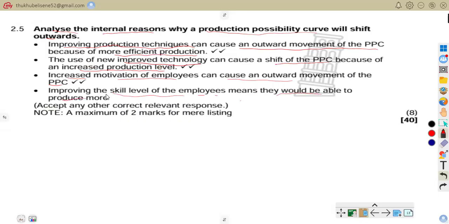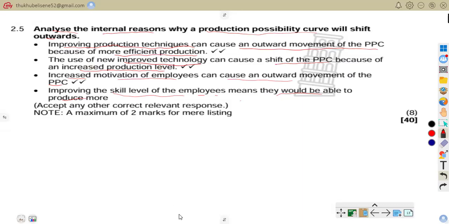Skilled workers are more productive. They are competent enough to deliver because they're skilled, for example through training programs and education. Keeping the employees trained is how they can produce more. So that is 2.5.